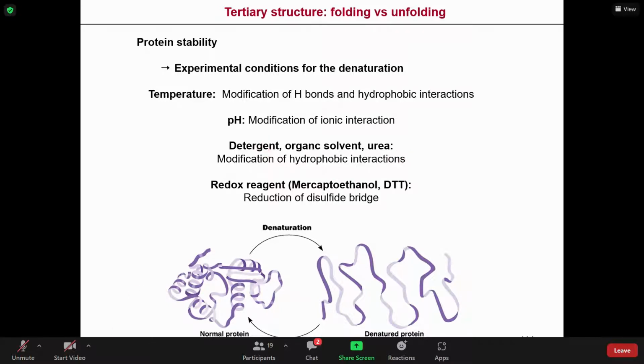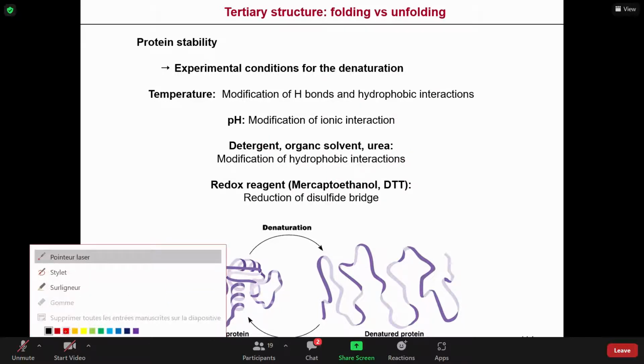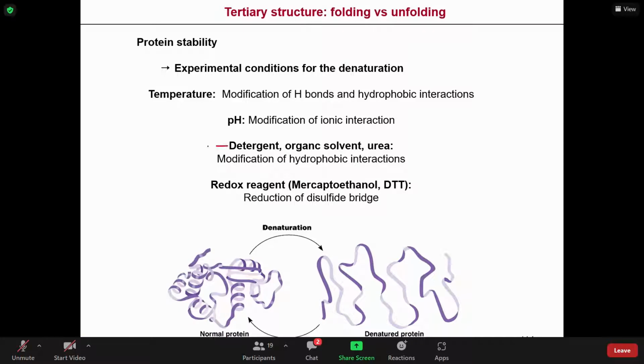So detergent, we already saw that, but in the lab we use SDS, for example. You remember the SDS, it's used when you want to denature the protein before the SDS electrophoresis.